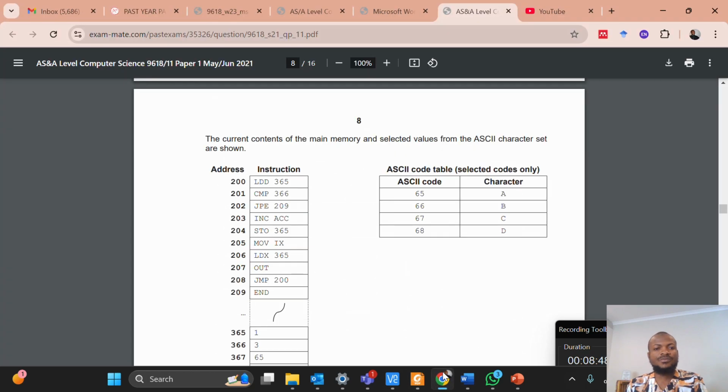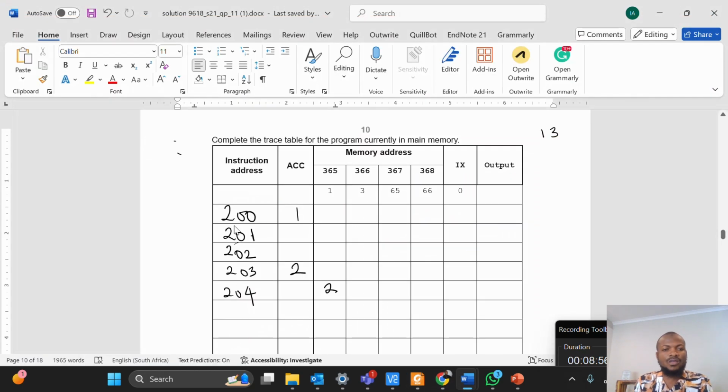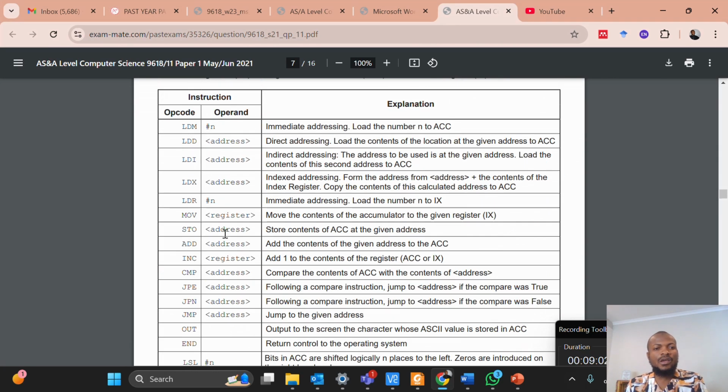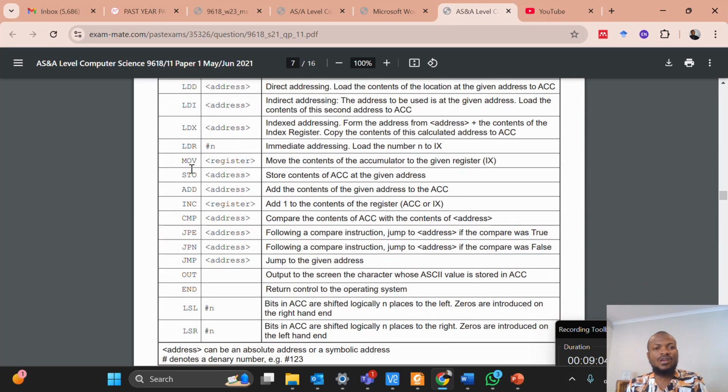Now the next, MOV IX, that is address 205. Then you write 205 MOV IX. If you don't know what that is, go to the table. MOV register means move the content of the accumulator to the register. Move the content of the accumulator to what?